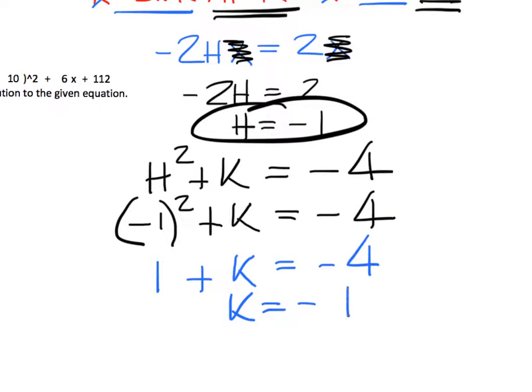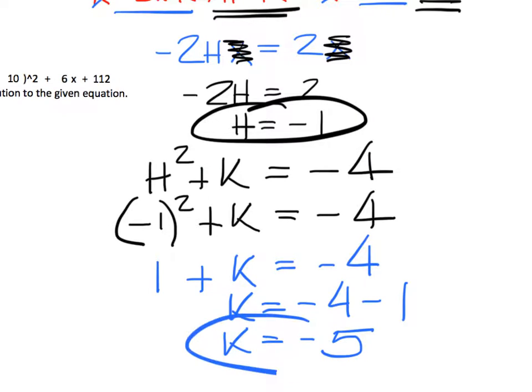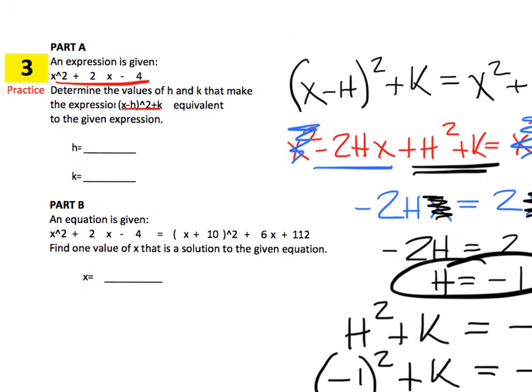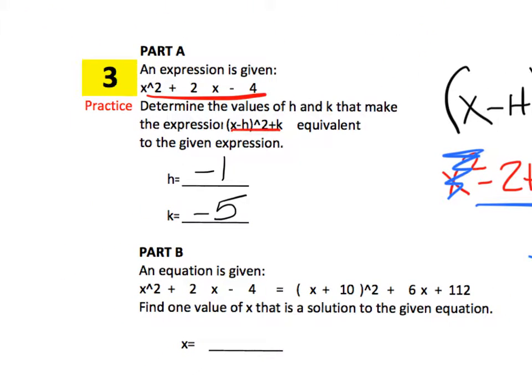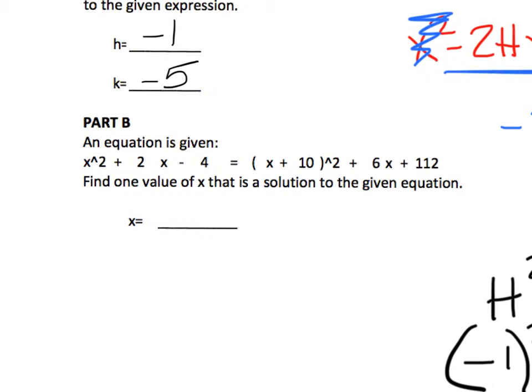Therefore, k is negative 1 minus 4, which is a negative 5. So we found h and k to be negative 1 and negative 5. But we still have part B to do.